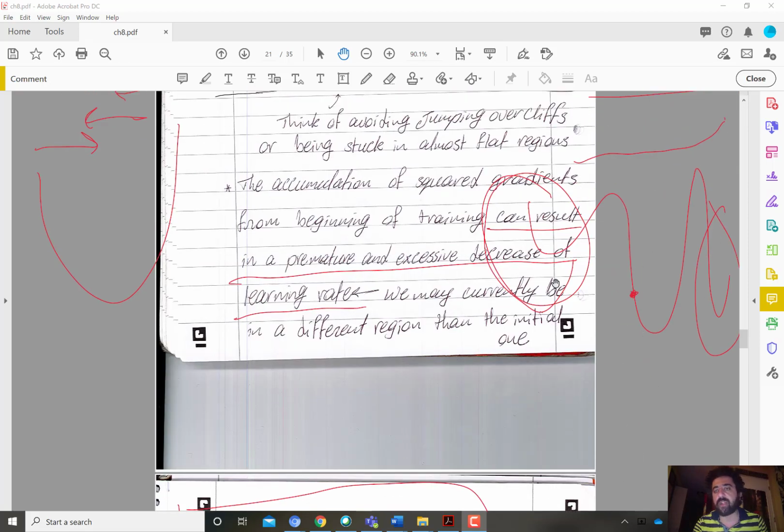And if it's non-convex, then it will look something like that. So if I am in a region right here, then the gradients corresponding to a region at the start of training that is no longer affecting my local neighborhood should not contribute to the step size that I'm having.